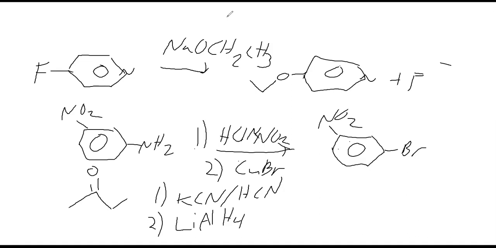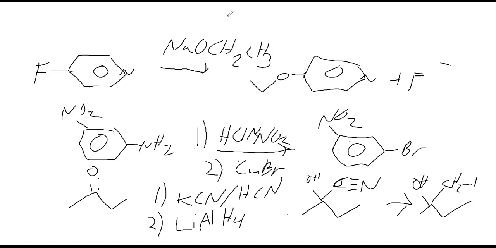So we have a cyanohydrin, but then the cyanohydrin at the second step becomes fully reduced. So step 1 forms this, C triple bond N. But then step 2 is going to fully reduce this guy down to CH2 and NH2.